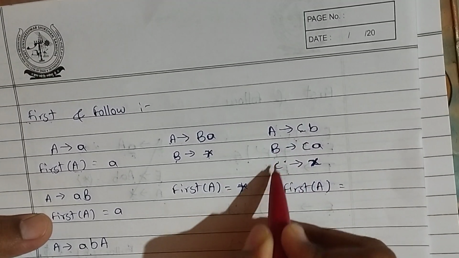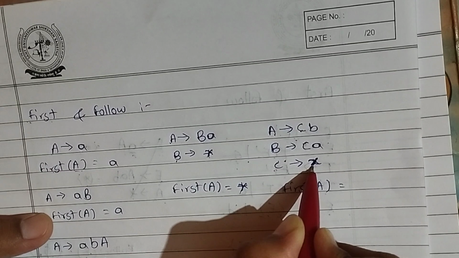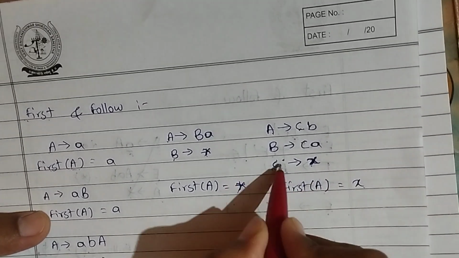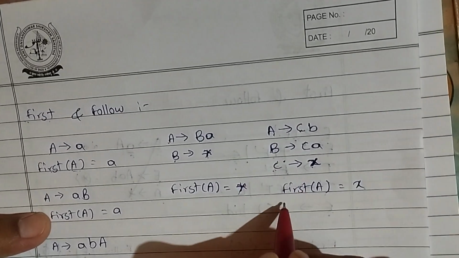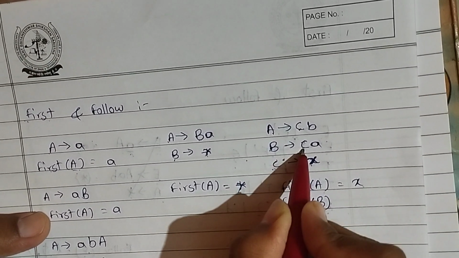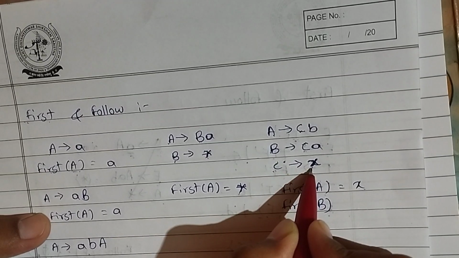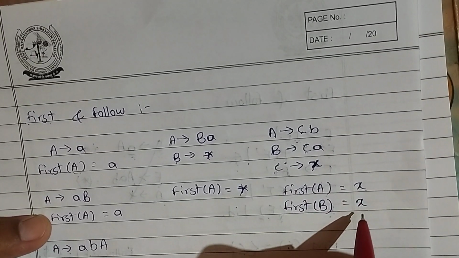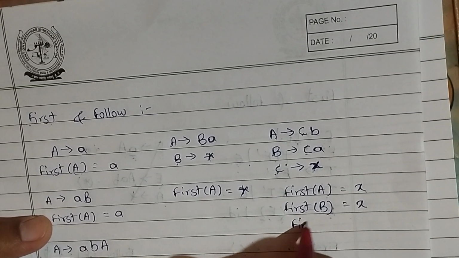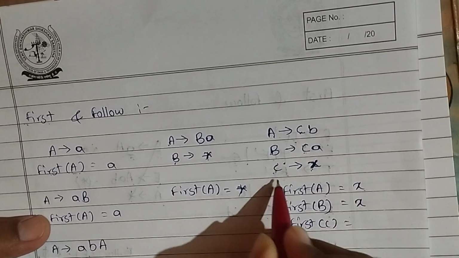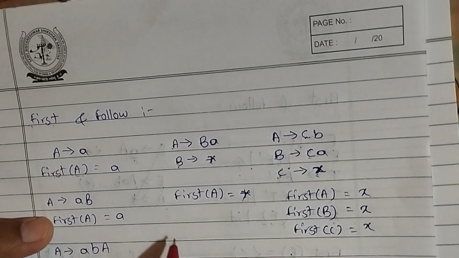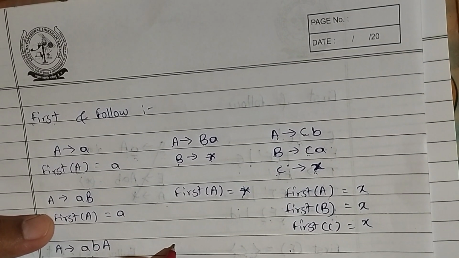Then this capital letter C derives small letter x. So first of A is x. Now the first of B. The first of B is capital C, and capital C derives small x. So again it is the same, x. Now the first of C. First of C is x itself. Like this we consider one more example.